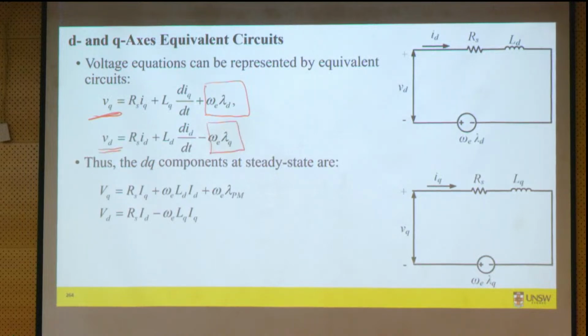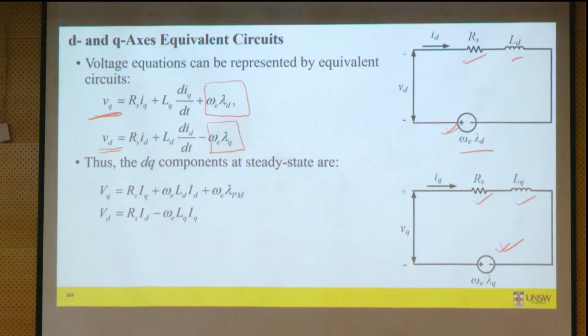So there is a coupling between d and q-axis in these equations, okay? However, if we look at them as an equivalent circuit, we can represent them simply as an additional voltage source in the equivalent circuit: resistance, inductance, and the equivalent voltage source.